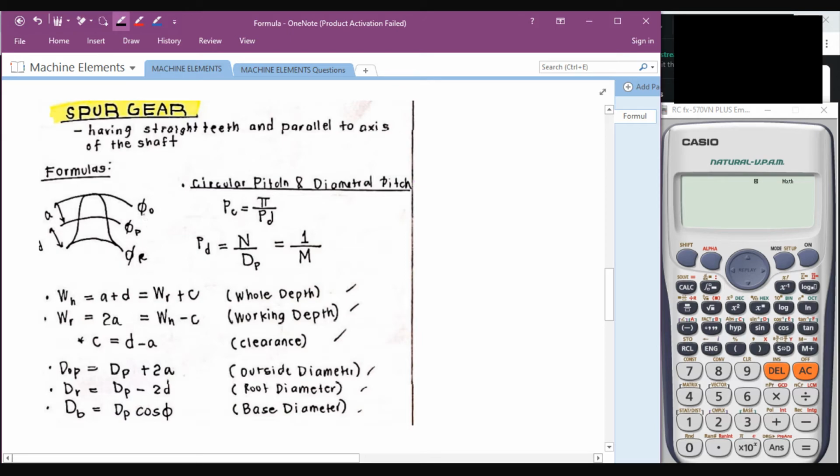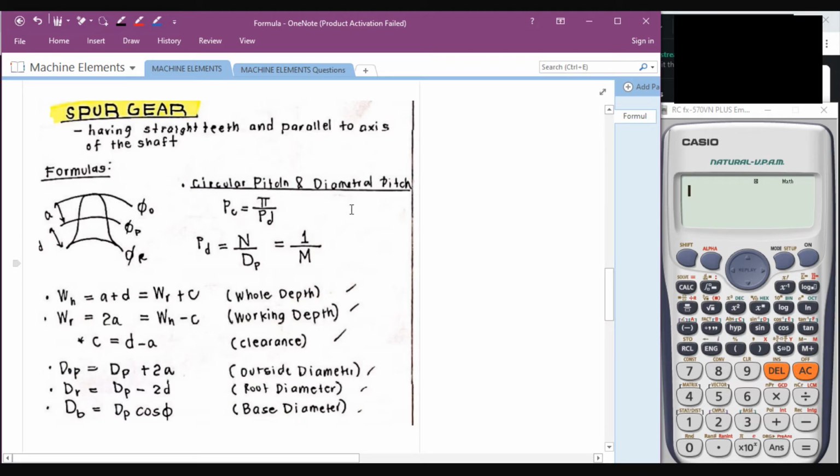Again, the outer boundaries, at the faces of the teeth, is the outside diameter. The one in the middle between the root and the outside is the pitch diameter. And the inside, where the body of the gear is before the teeth protrude, is what you call the root diameter. There are formulas for those.